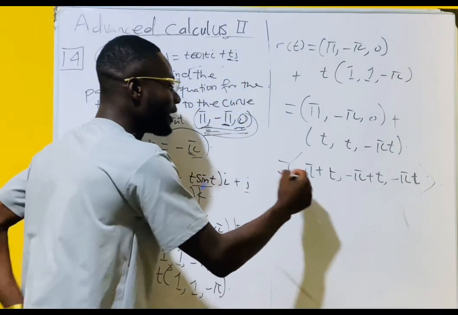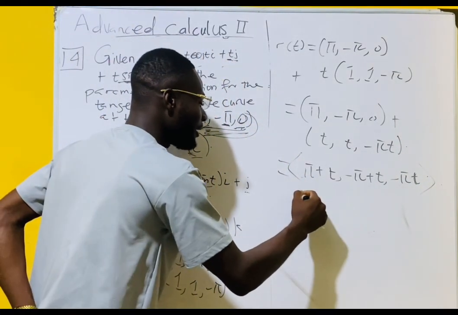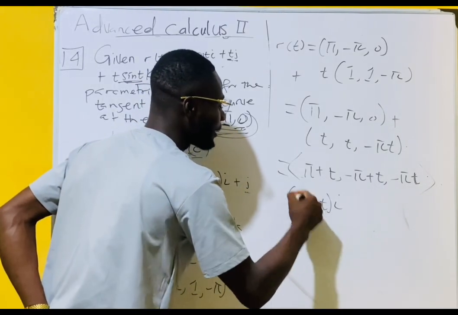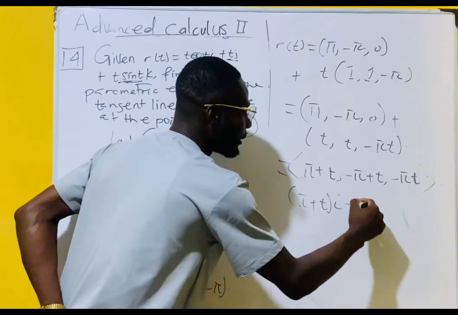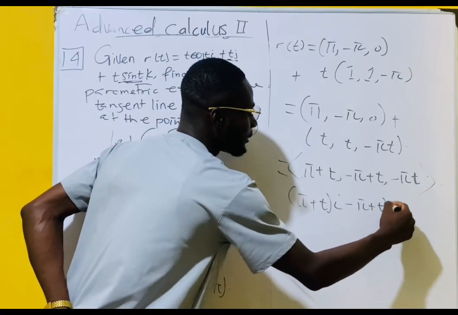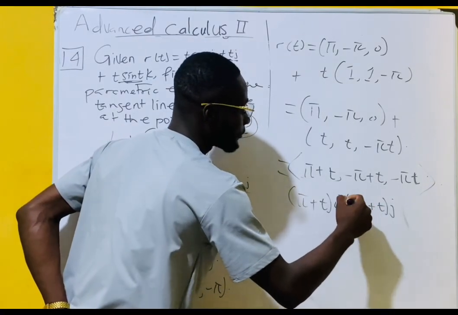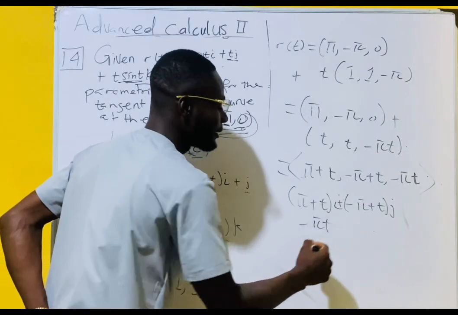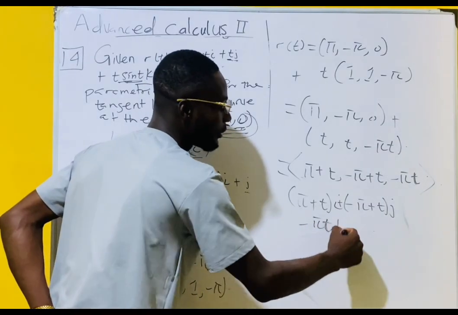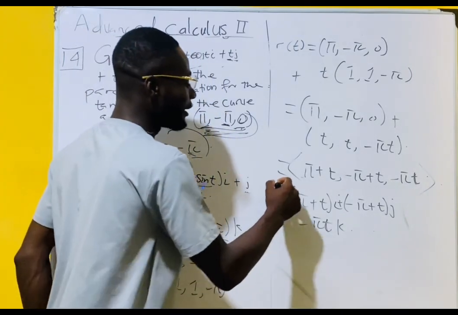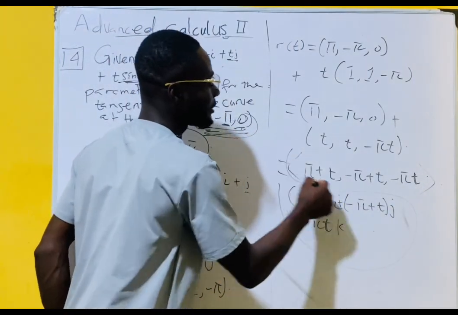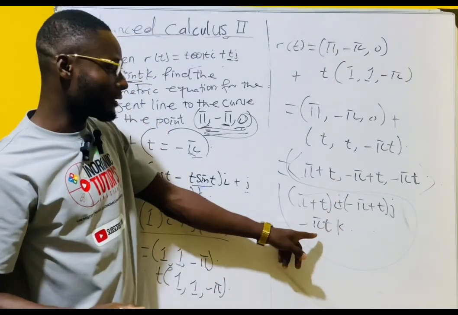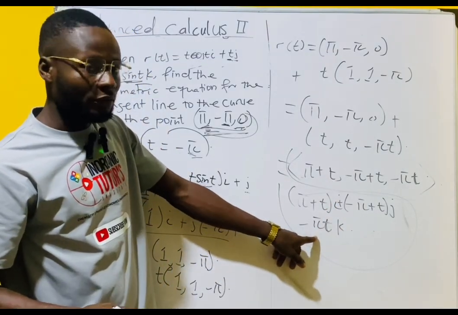This is the same as pi plus t i, minus pi plus t j, plus negative pi t k. So it's either this or this. This is the angle bracket representation, and this is the position vector representation.